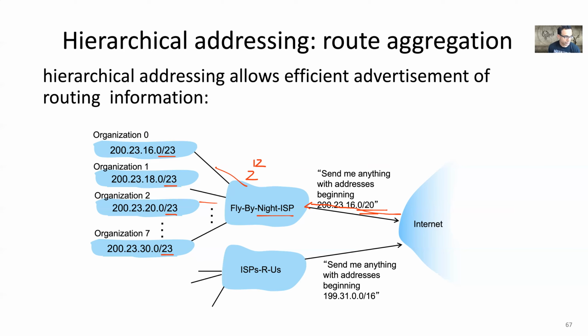Would the allocations to the top tier ISPs be loosely based on the size of the population? Possibly, yes. But again, there's some statistical multiplexing at play, right? Even your ISP, for example, there's some sharing of IP addresses even at that level, right?